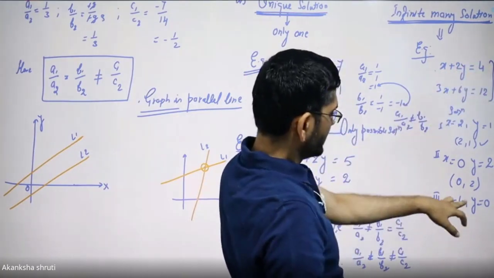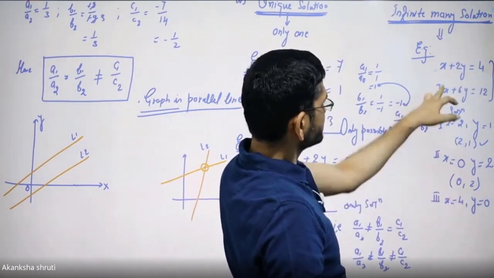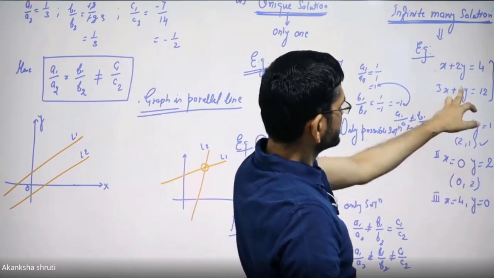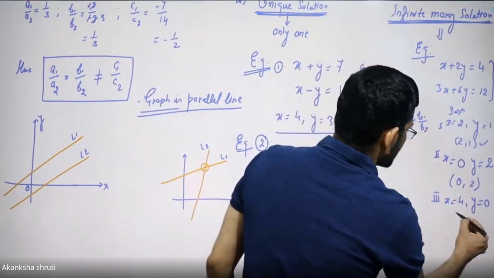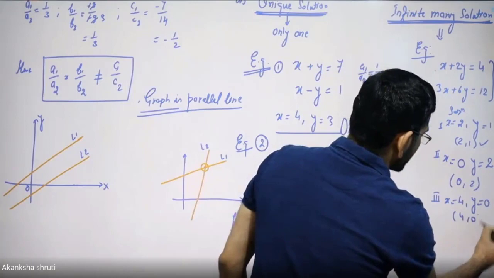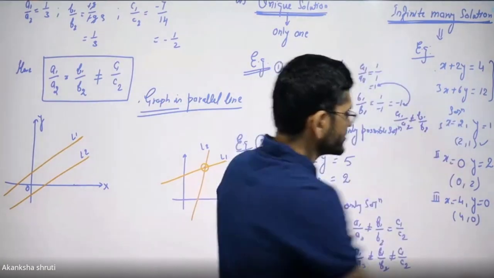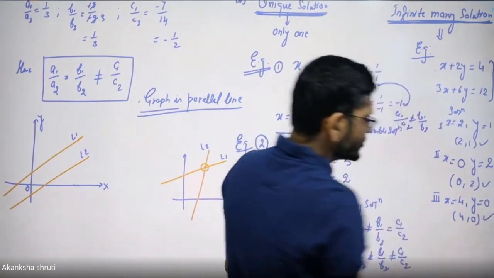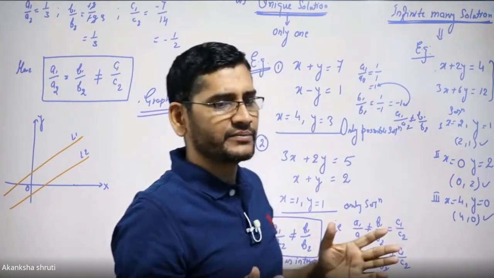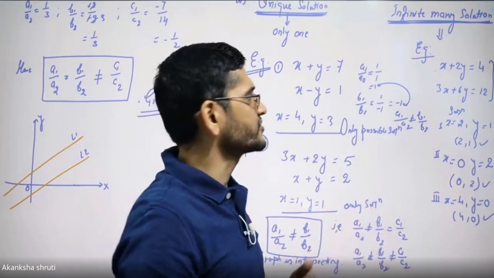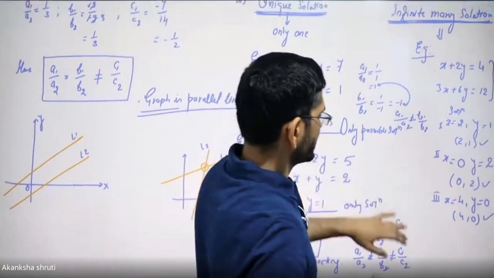Now substituting in the second, 4 threes are 12 plus 0 is 12. So this 4 and 0 is another solution. Here I have written just three, but you can get infinitely many, some negative, some positive, so many more can be obtained.